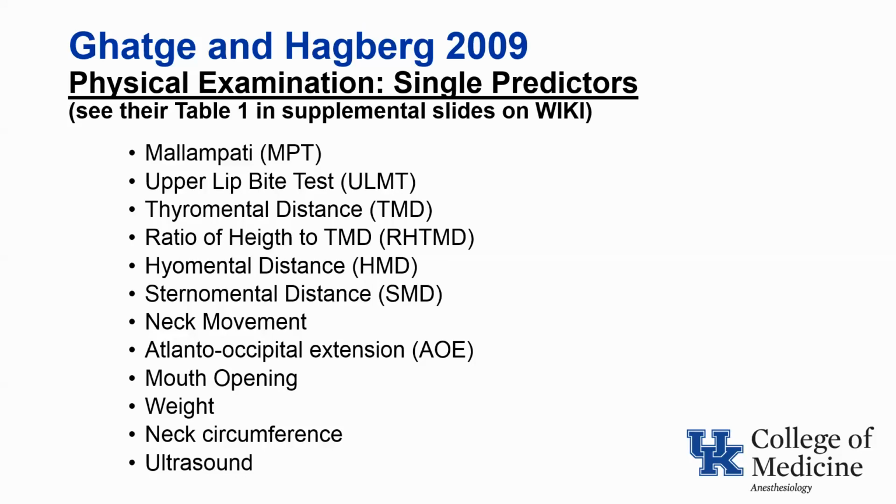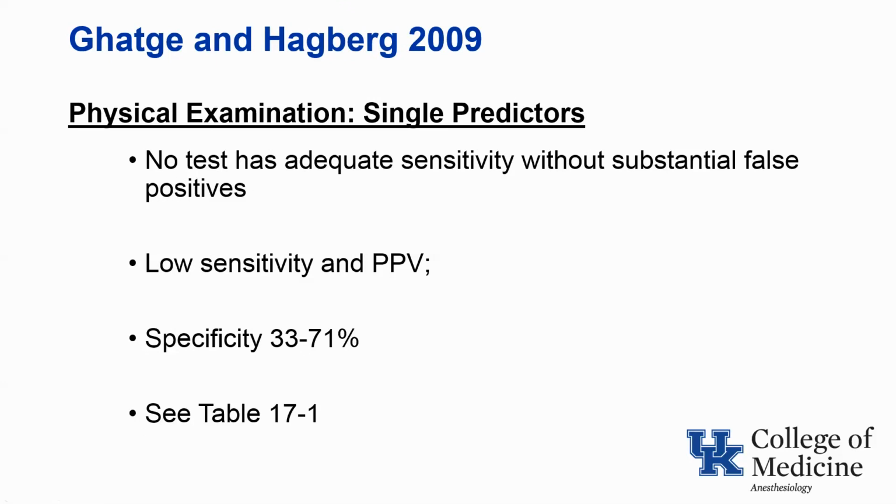Now, in this excellent review article that I mentioned to you at the start of this podcast, he evaluated various single predictors as listed on this slide. And you can find more details on the supplemental slides that I've posted in Wiki.